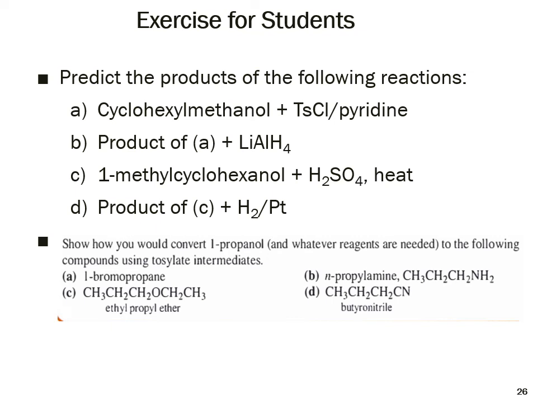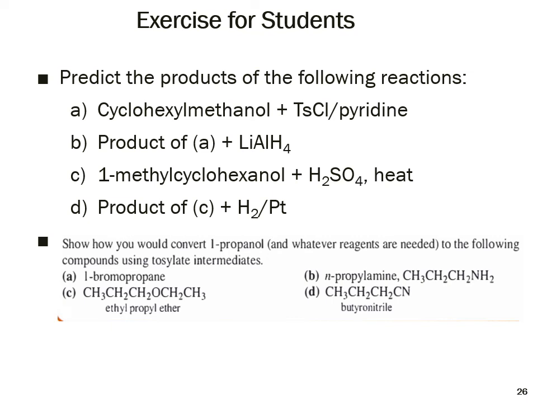And then 1-methyl cyclohexanol on treating with sulfuric acid will give some product. You have to identify it, and then take that product and hydrogenate it with a platinum catalyst to make another product.